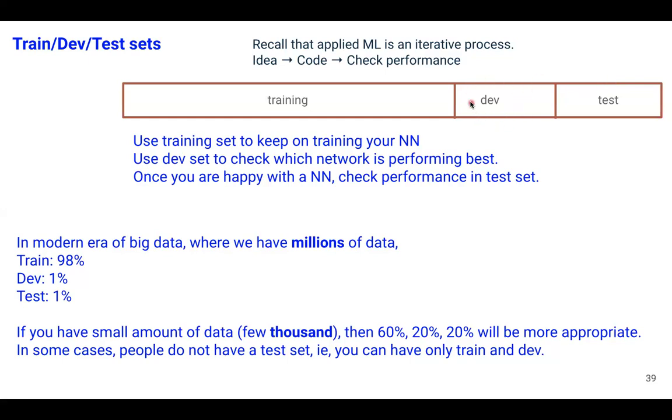Running your dev or test on millions or a few lakh is not really needed. You are just taking important data out of your training set, which is not helpful. So maximizing the amount of data in training is the goal.